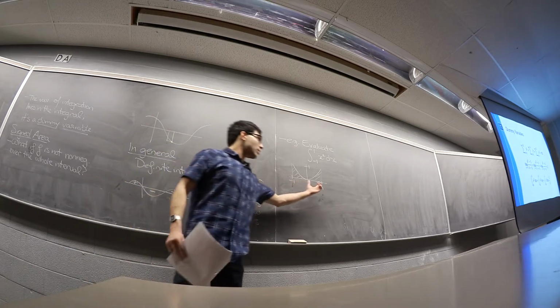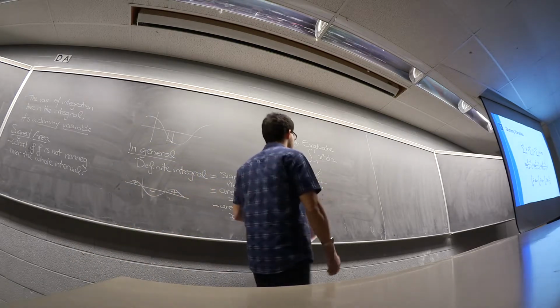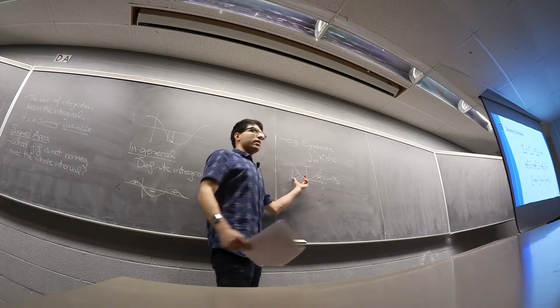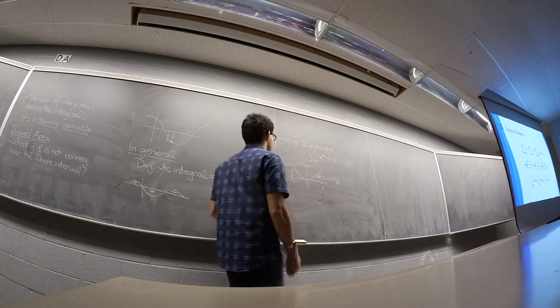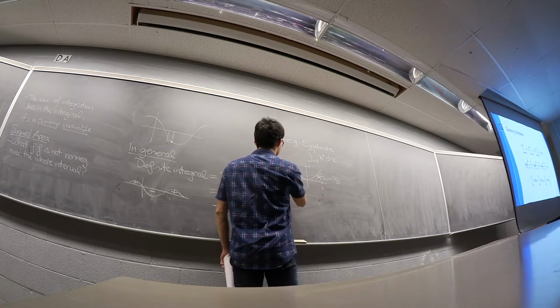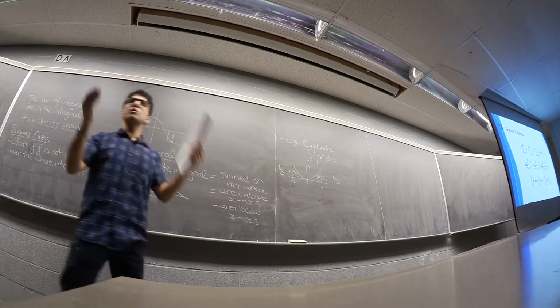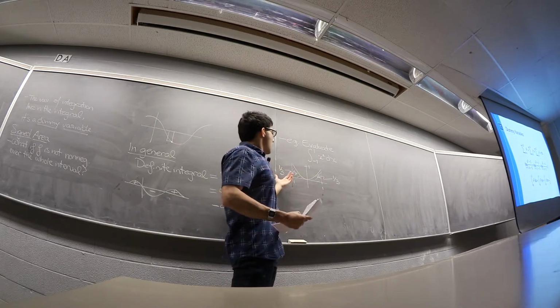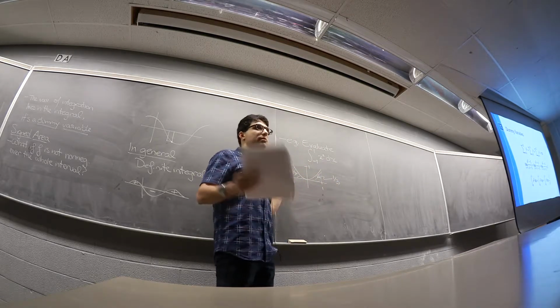Okay, we got this area last time. It was 1/3. What's this area? 1/3. Okay, so the whole signed area, again, signed area in this case is the same as area because we're always upstairs. The signed area is just 2/3. That's it.